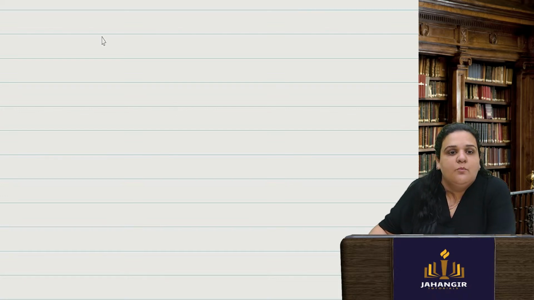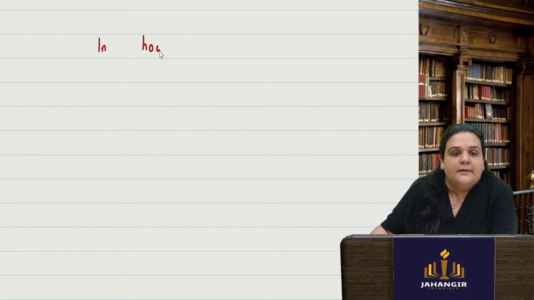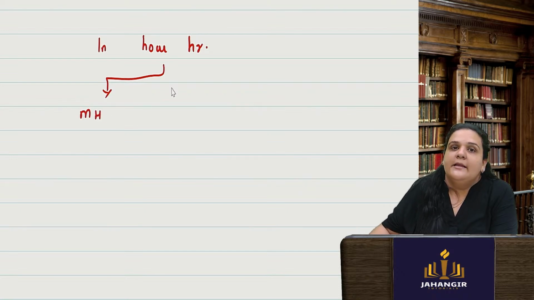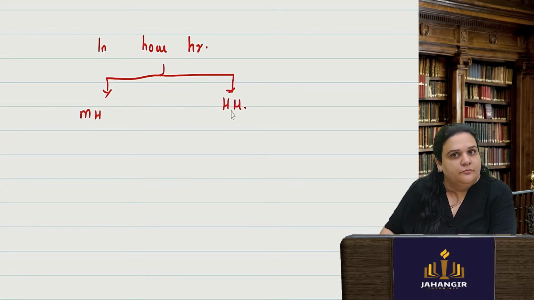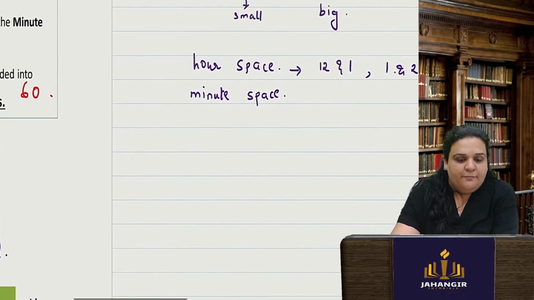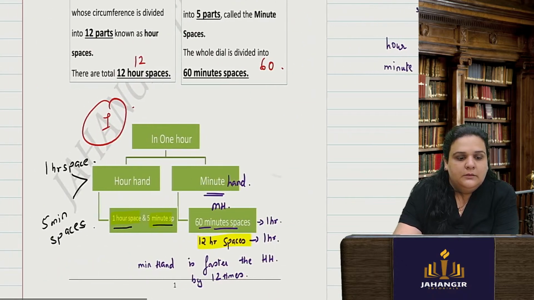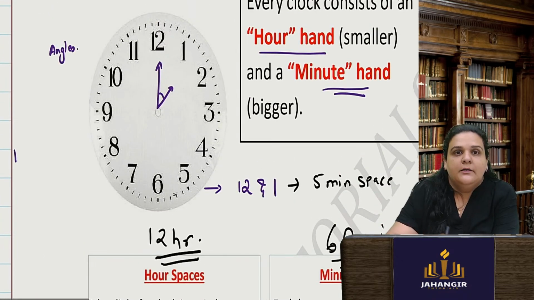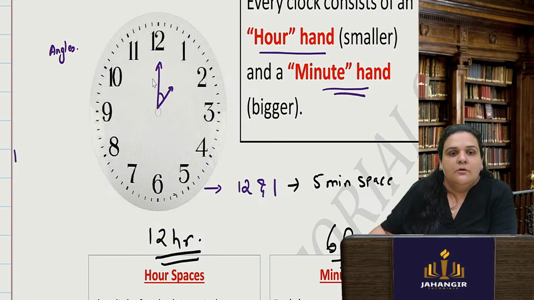So say in 1 hour, pay attention. In 1 hour, the minute hand, mh, will also move, and the hour hand will also move. So when I come back to this clock of mine, in 1 hour, this minute hand will move and this hour hand will also move.